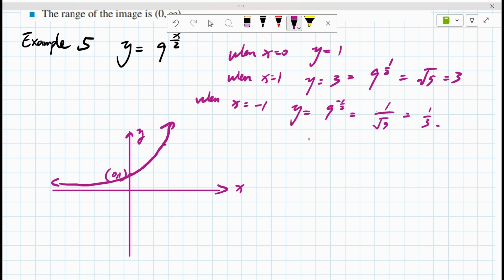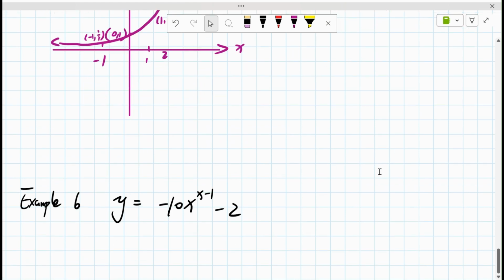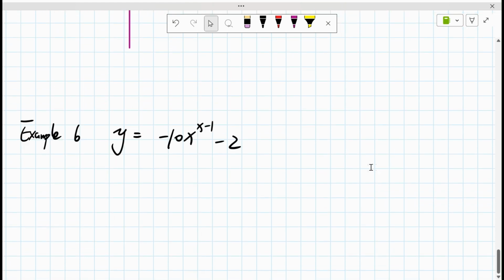And that's 2, 9. And that's 1, 3. And that's negative 1, 1/3. Perfect. Yep, that's called the dilation from the y-axis.